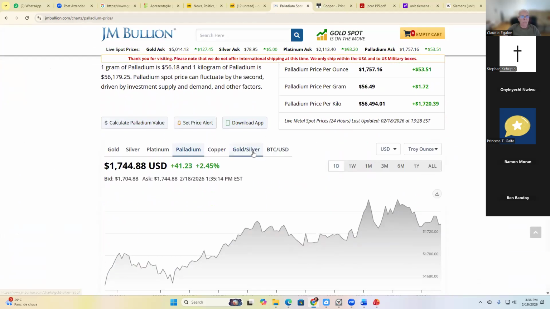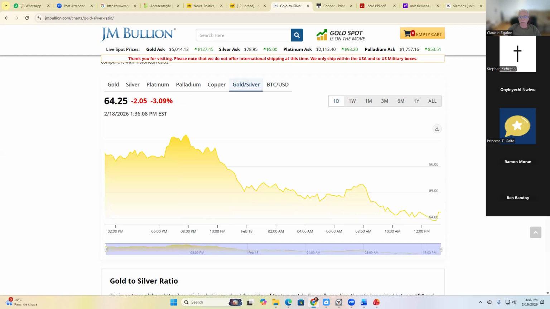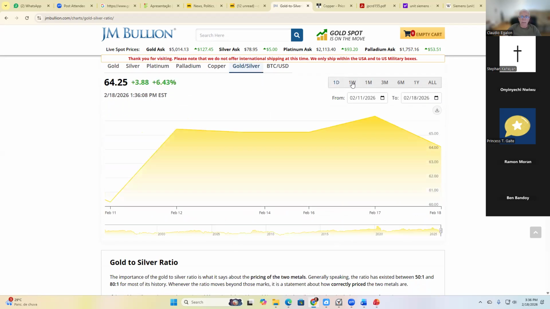How expensive gold is with respect to silver is right now hovering around 64. Gold is 64 times more expensive, but historically speaking, gold has been 17 times more expensive.